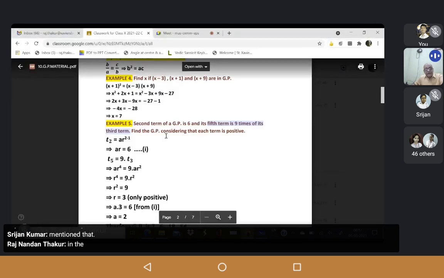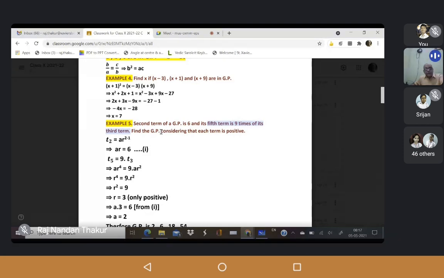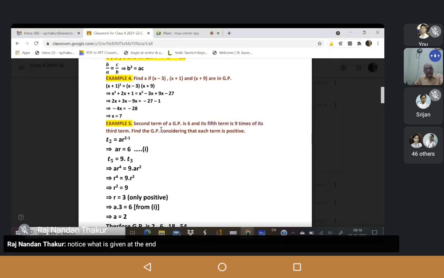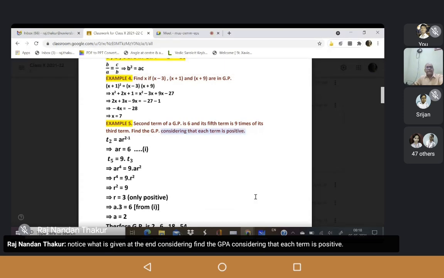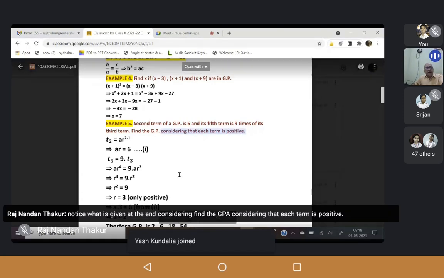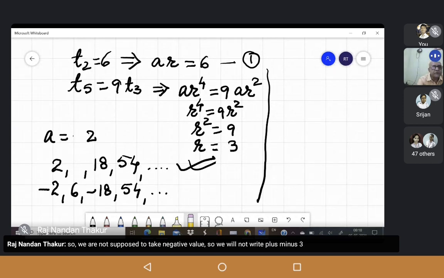In the question, usually we do not notice what is given at the end. Find the GP, considering that each term is positive. So we are not supposed to take negative value. So we will not write plus minus 3, plus minus 2.